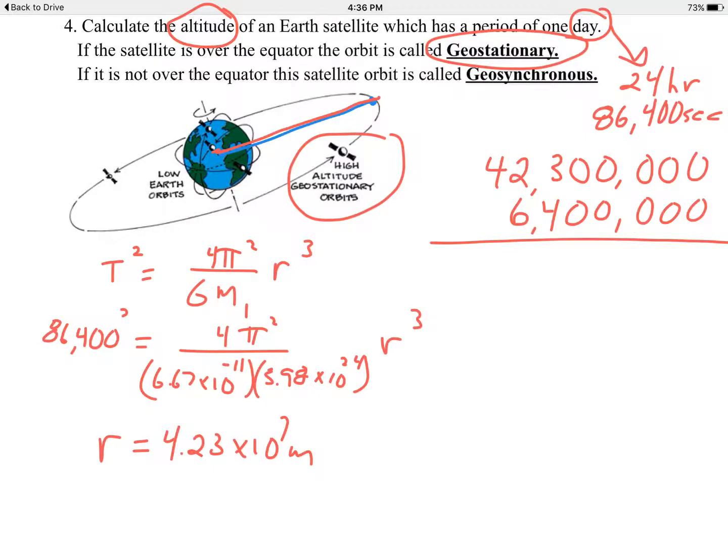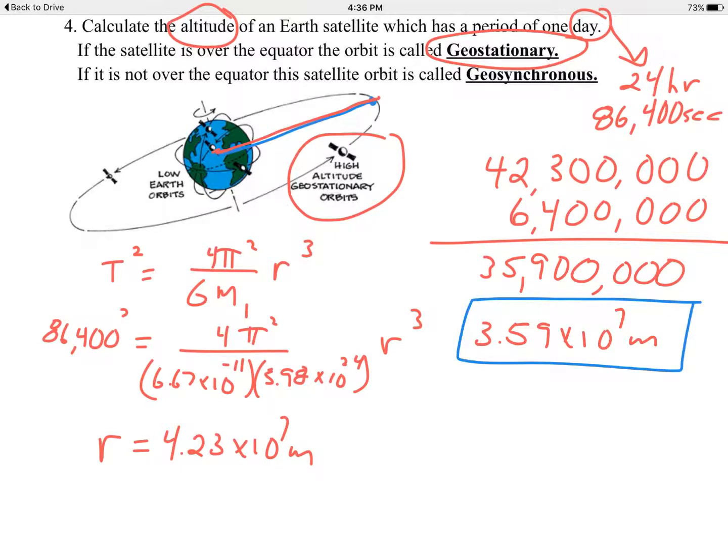Anyway, if I subtract those two numbers, I end up with 35,900,000 meters. Or in scientific notation, that would be 3.59 times 10 to the 7th meters. So that's our altitude, the distance from the surface of the Earth.